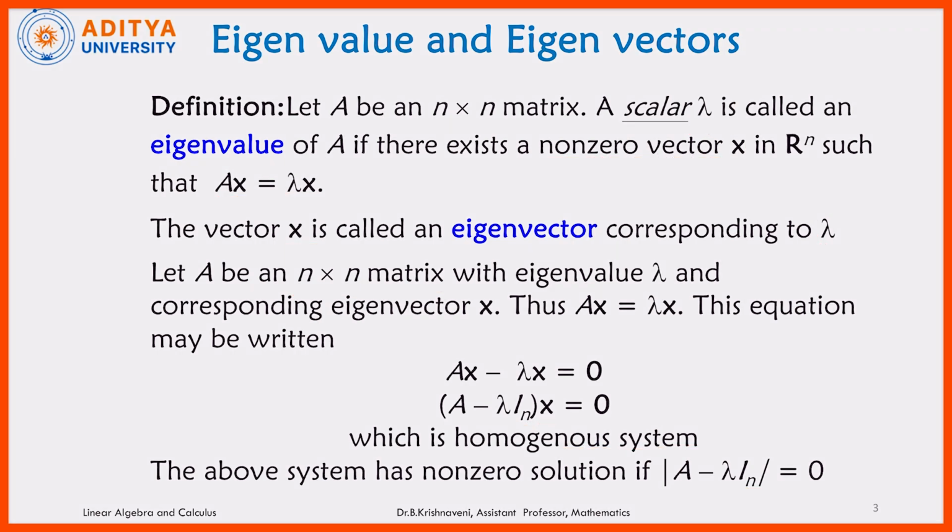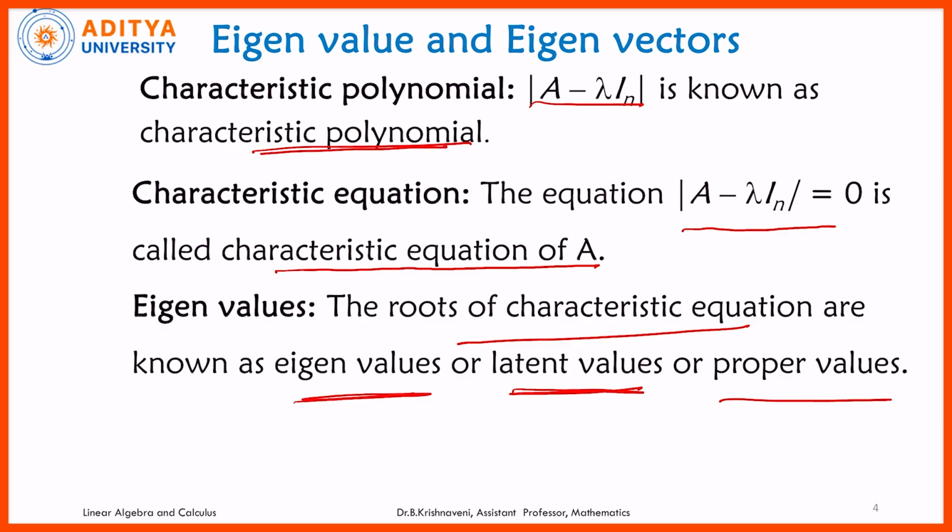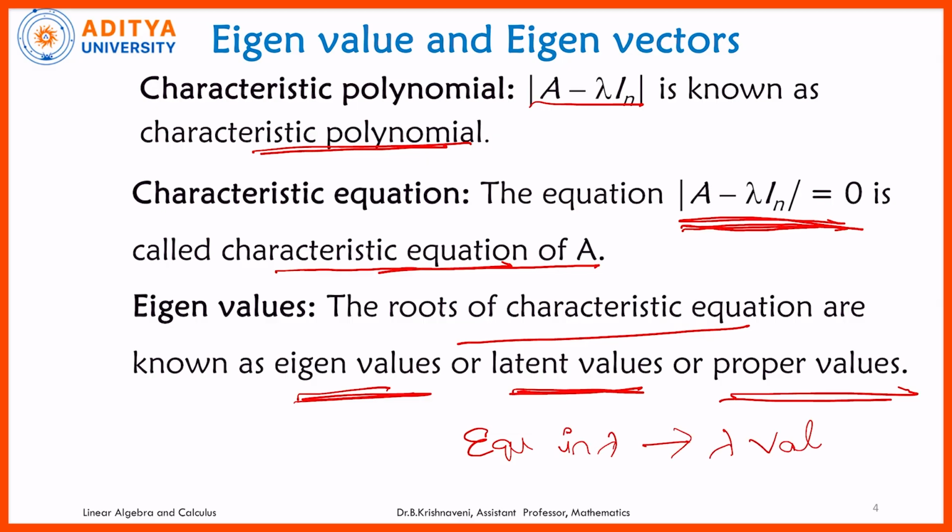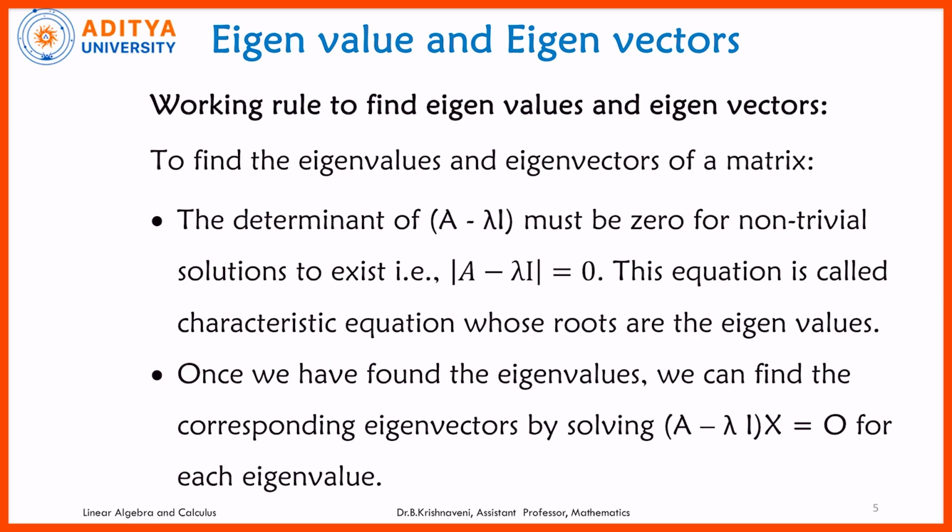We call this polynomial the characteristic polynomial and the equation the characteristic equation. The roots of the characteristic equation are called eigenvalues, latent values or proper values. So, by taking the characteristic equation, we get an equation in lambda, and on solving that, we get lambda values, which we call the roots of this characteristic equation, which are nothing but eigenvalues.